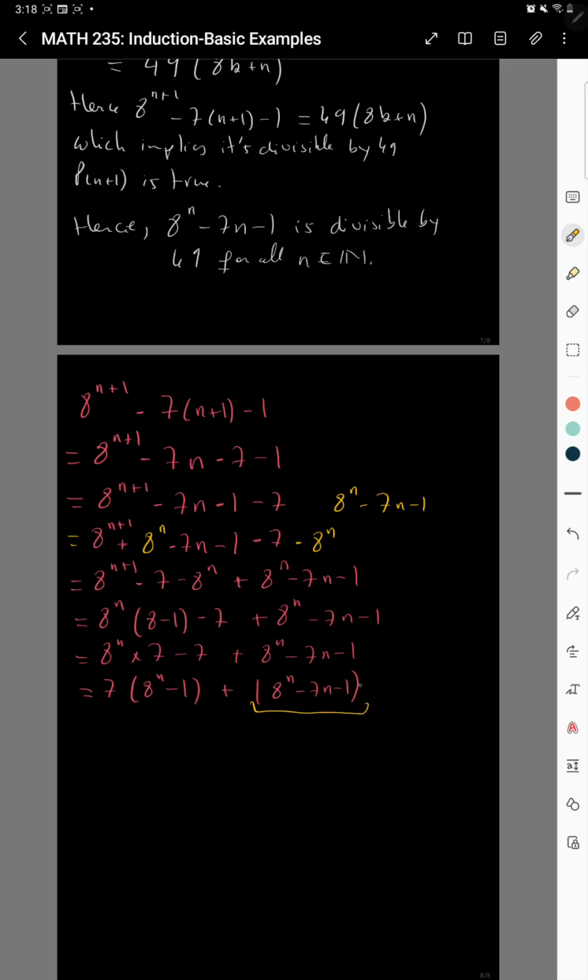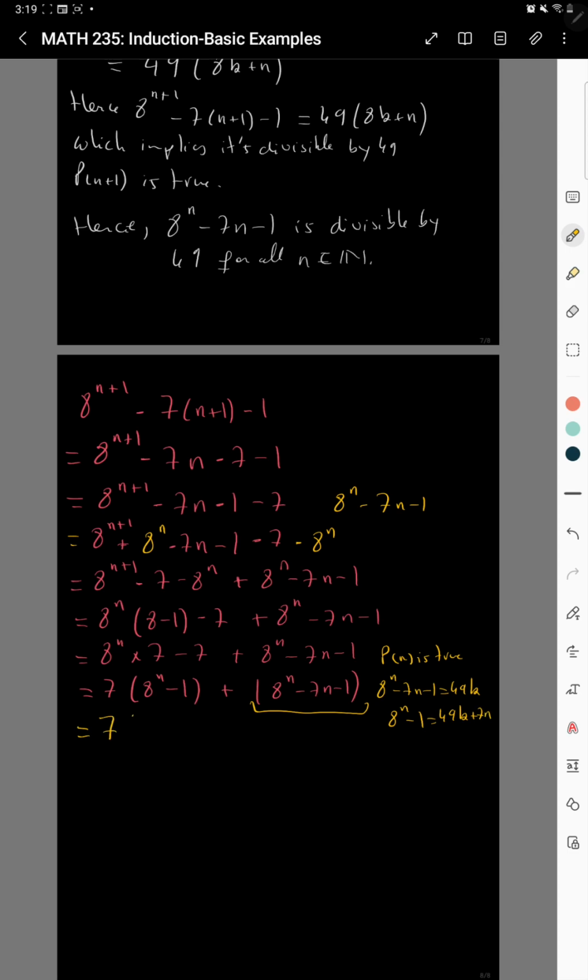Now I have let that 8 to the n minus 7n minus 1 appear. Now I have to deal with this term. Of course, it's not very hard to show that this is divisible by 49, but let's make use of what we have. Now we know that Pn is true, and let's make use of induction as well. We have written 8 to the n minus 7n minus 1 as 49k. So 8 to the n minus 1 is just 49k plus 7n.